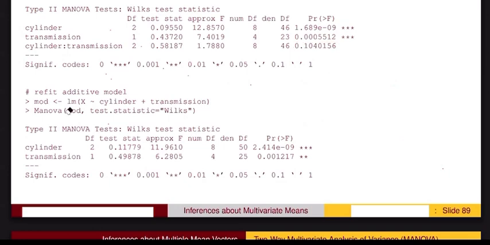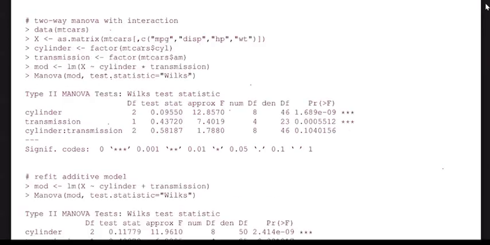And let me tell you, the code without interaction is just going to be your matrix X that has the responses, and you're regressing that on cylinder plus transmission. But the one with interaction, you're actually going to see a multiplication sign.